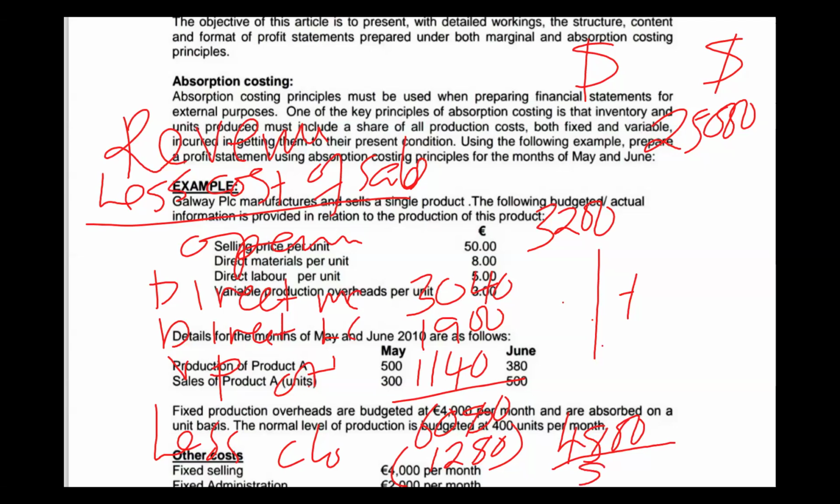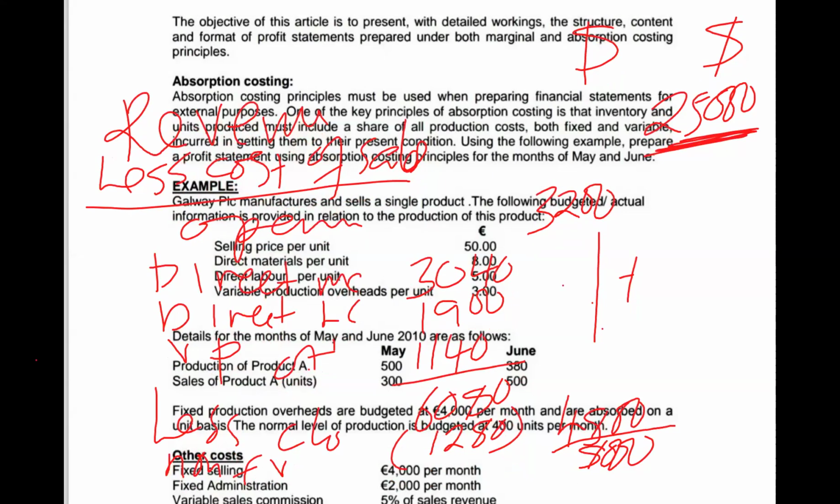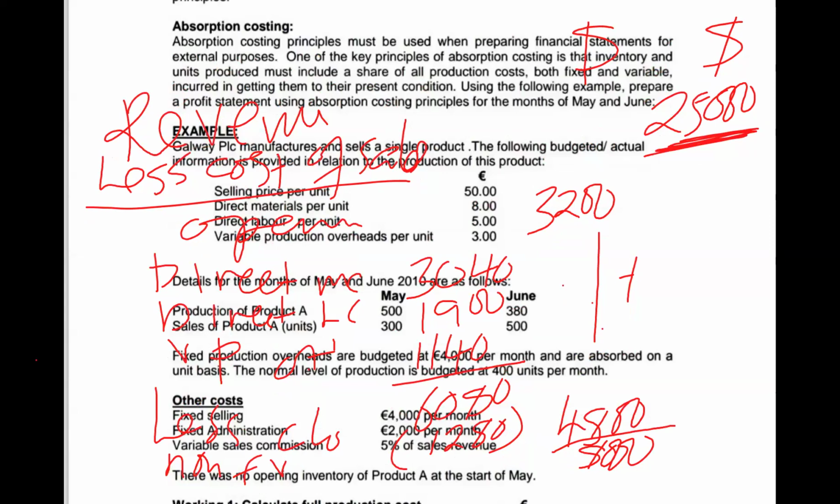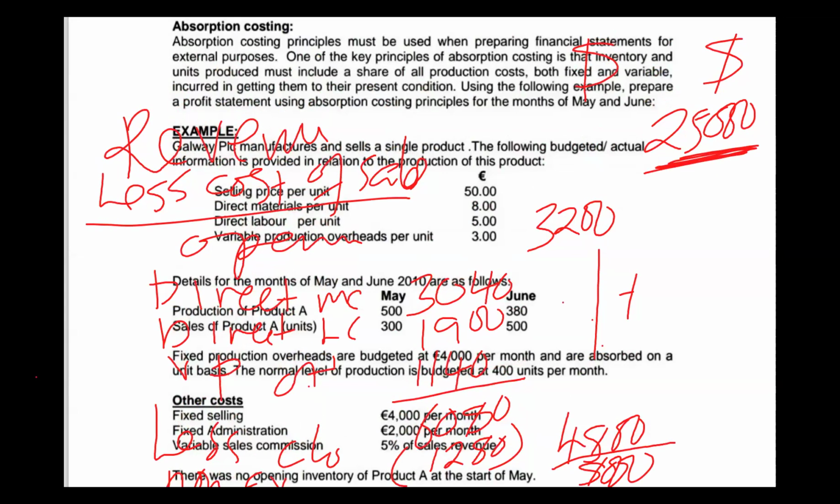Yes. So to 8,000 is where you add the non-factory variable costs, which we said was 5% of this 25,000, the sales, according to the question we are given. Remember the question was saying the variable sales commission, which is a non-production variable cost, is 5% of sales.